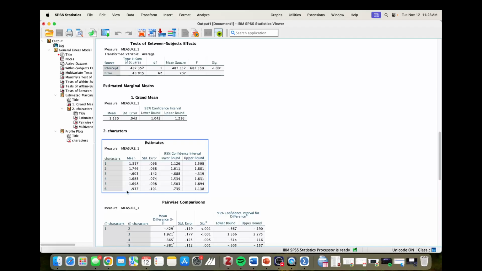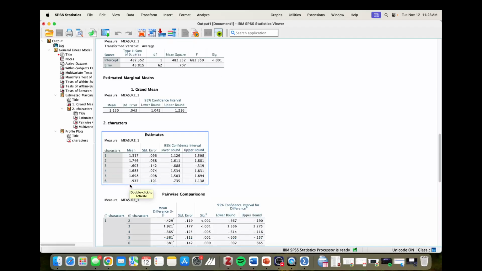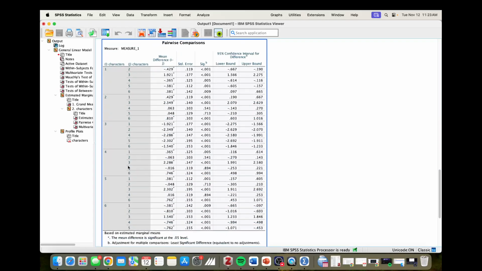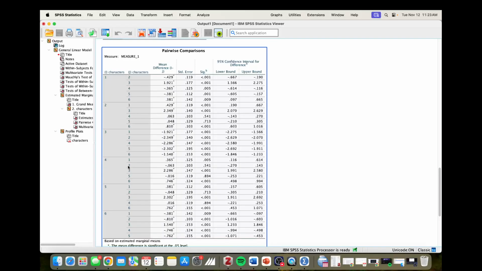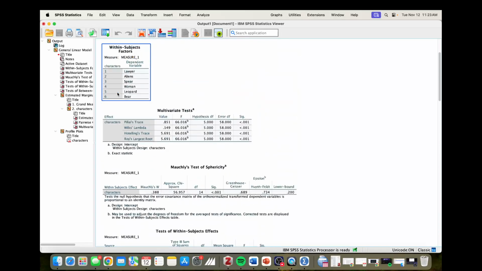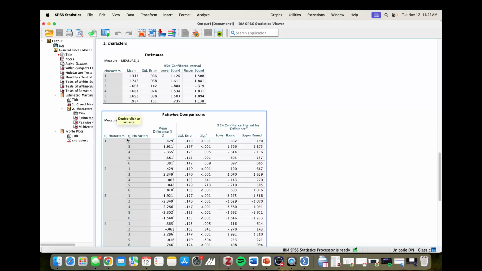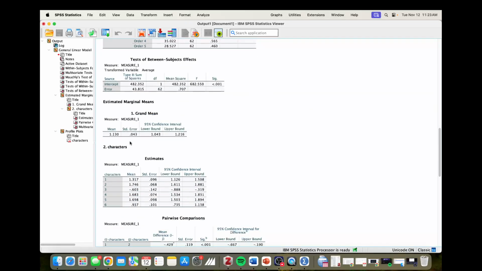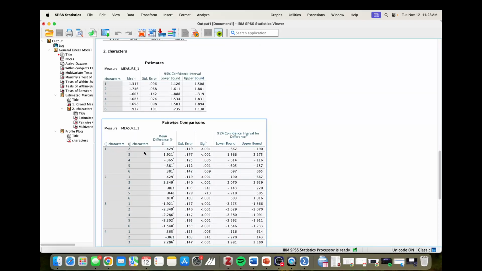These all vary in certain ways. Some are perceived as more nefarious than others, but that is the one character that is perceived as actively good. The pairwise comparisons allow you to compare each individual artifact to every other individual artifact. So if you want to compare number 1, the lawyer, to all the other characters, you can see that number 1, when compared to number 2, the aliens, has a score that is negative 0.042 less.